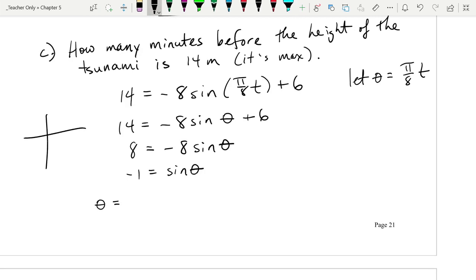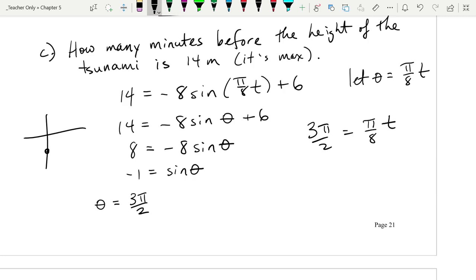Sine of theta is negative 1 down here at 3 pi by 2, right? So theta equals 3 pi by 2. So going back to the equation involving t, theta is pi over 8 times t, and theta is 3 pi by 2, so 3 pi by 2 has to equal pi over 8 times t. Now it's just a matter of solving for t.